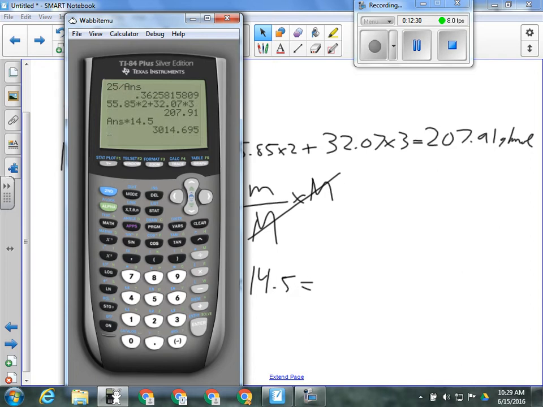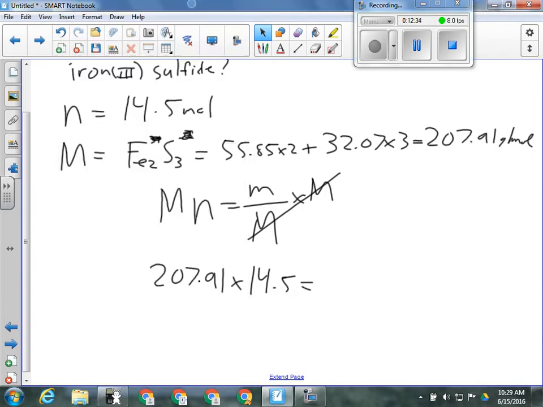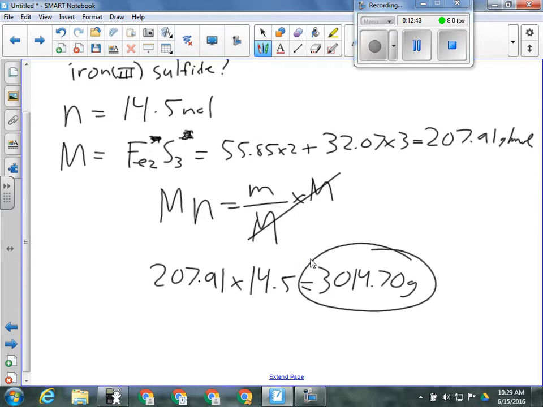All right, so we're looking at 3,014.70 grams. Okay, I'm not worried about significant figures on your mole equation calculations, by the way. Okay, everybody good with that one?